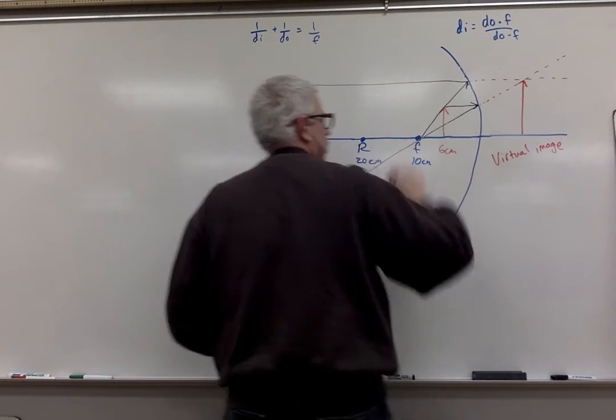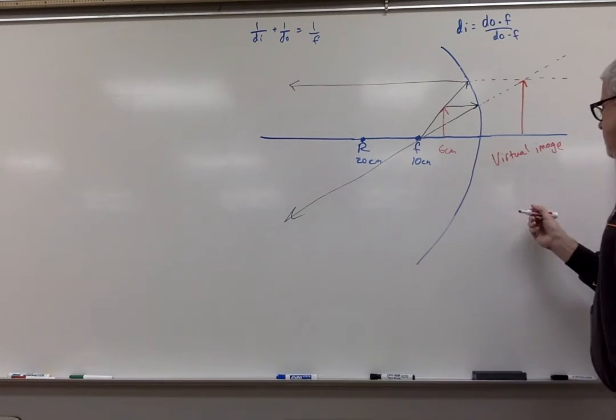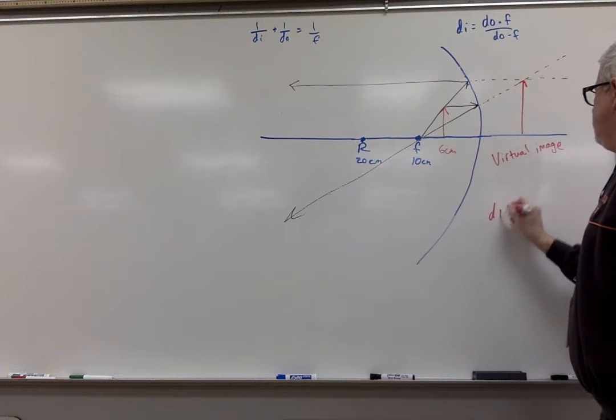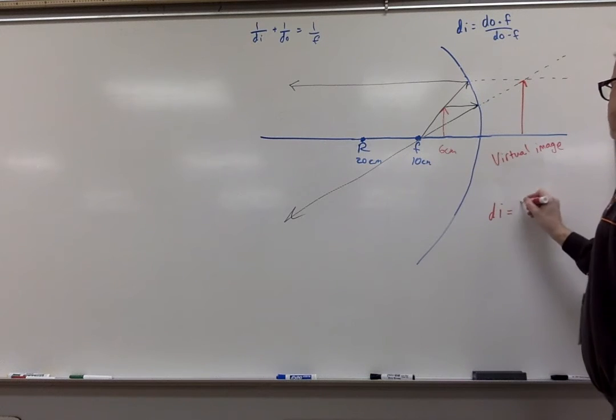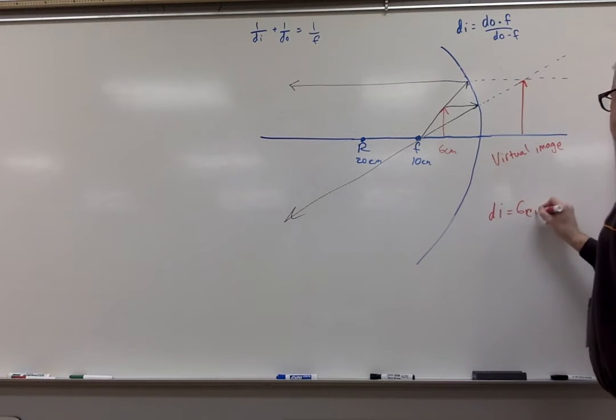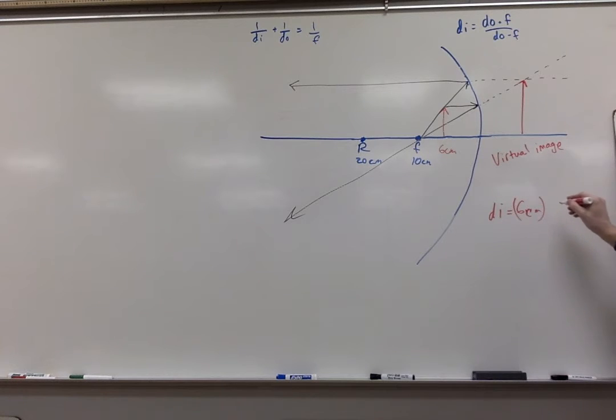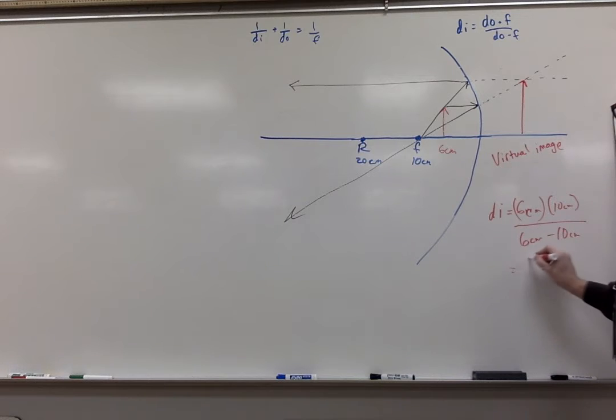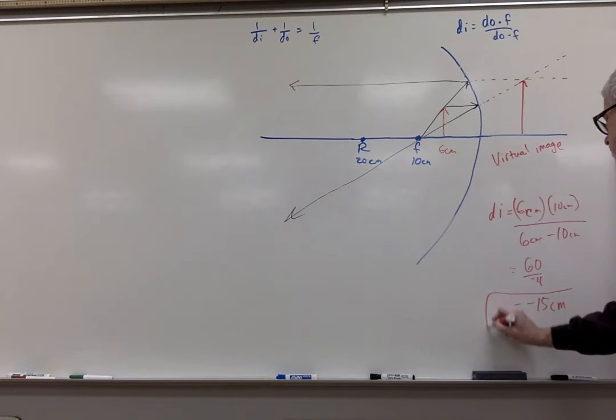Well, if I use this formula again, my di is equal to do, that's 6 centimeters, times my focal length, that's 10 centimeters, over do, 6 centimeters, minus the focal length, that's 10 centimeters. So I get 60 over negative 4. That's negative 15 centimeters.